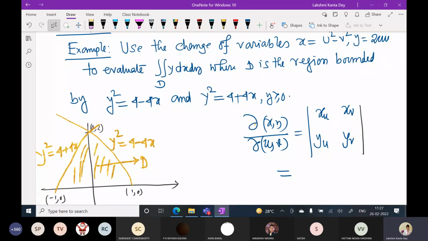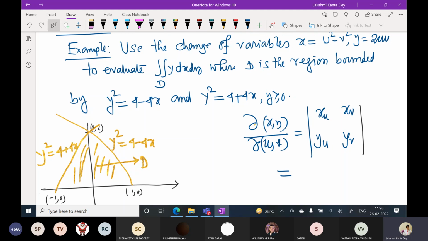It depends on the situation what kind of transformation we have to use. In that situation also, instead of dx dy, the other factor is the mod of the Jacobian of the transformation. That's what we learned, but today I start with some examples of this type of things.